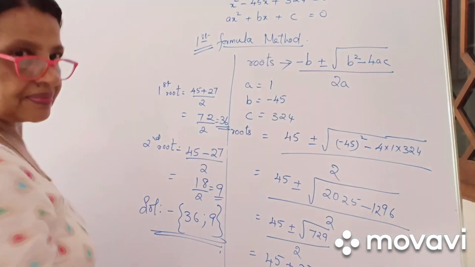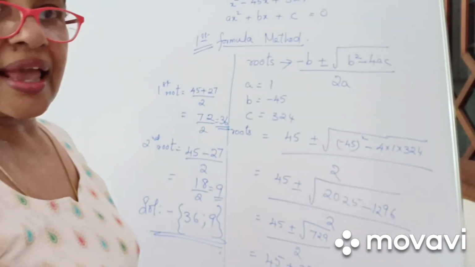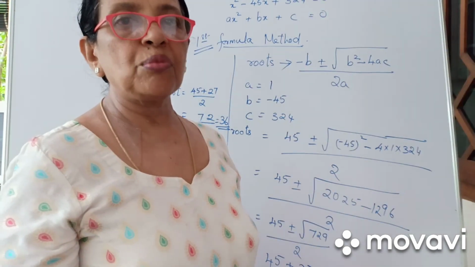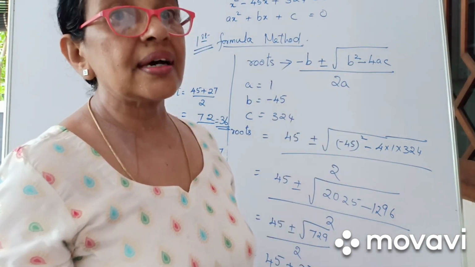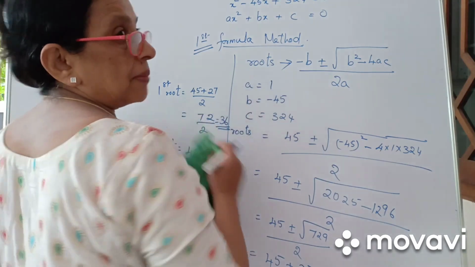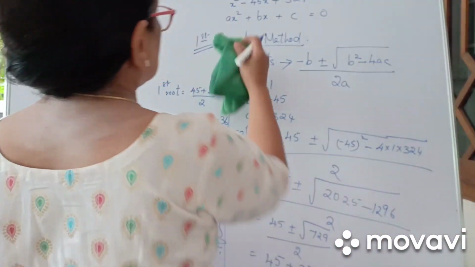Got it? Okay. Now the same question we are going to do by the most important method, which is splitting the middle term or factorization. So let's do it.